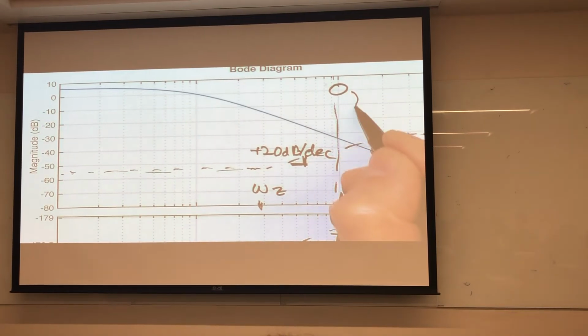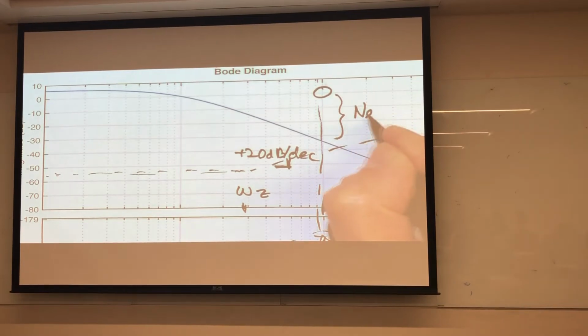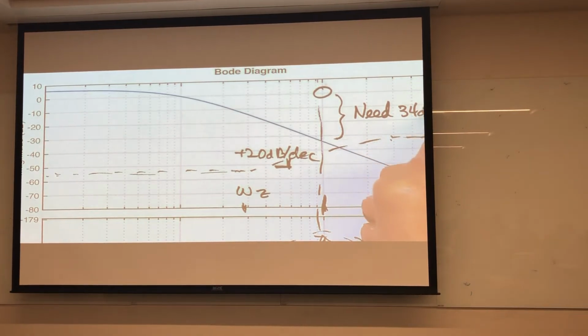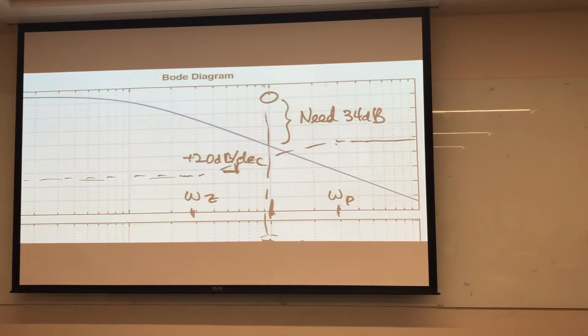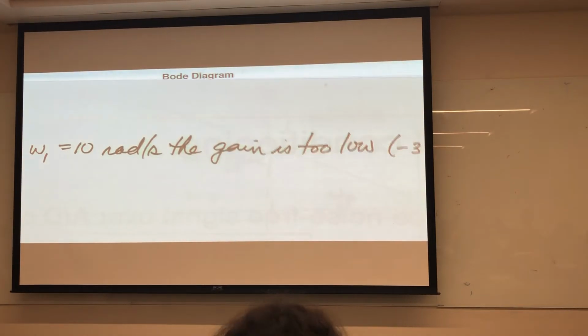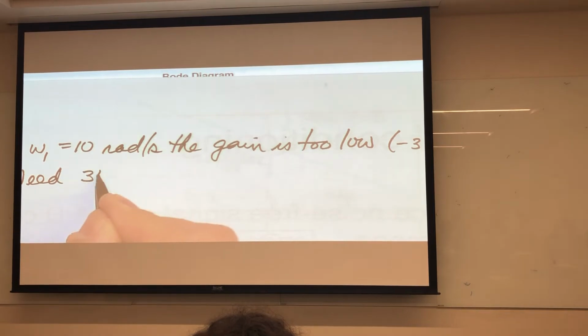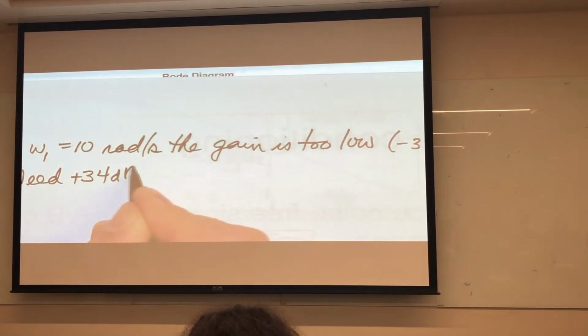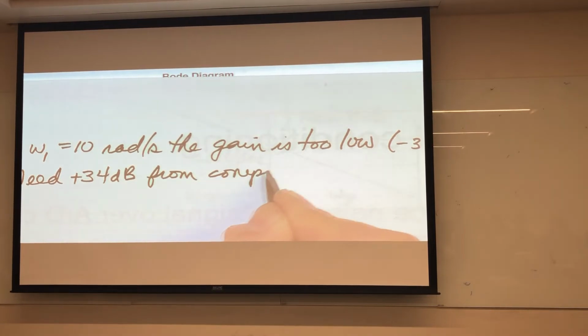I need 34 dB. Okay, I need 34 dB. I'm just eyeballing it. Okay? I need plus 34 dB from the compensator.